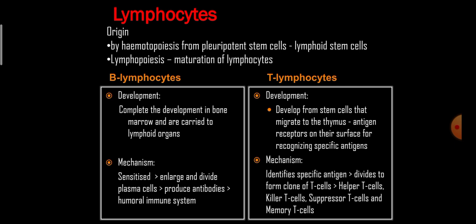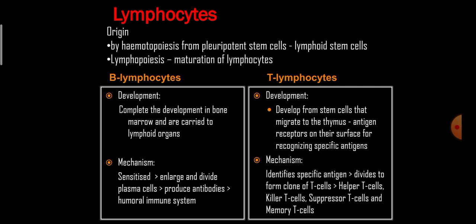Whereas T lymphocytes develop from the stem cells and then migrate to the thymus. These stem cells from which T cells develop migrate to the thymus, where they develop and mature. They require antigen receptors on the surface for recognizing specific antigens.